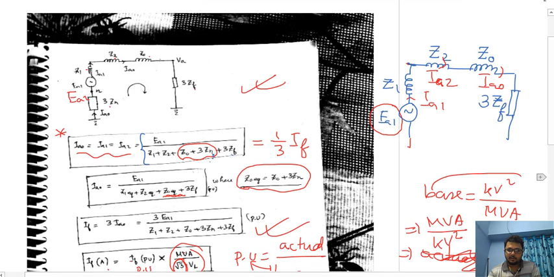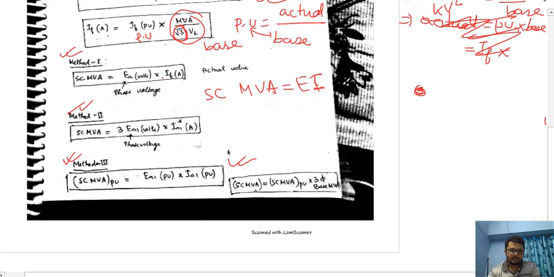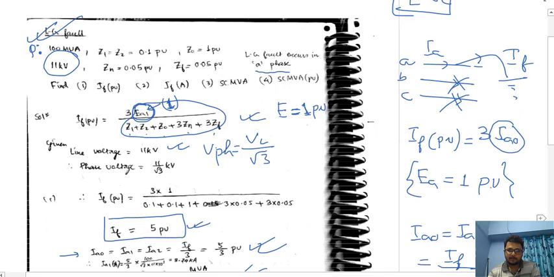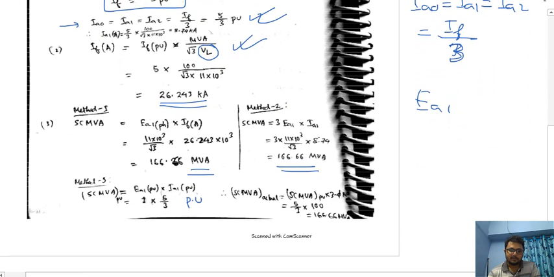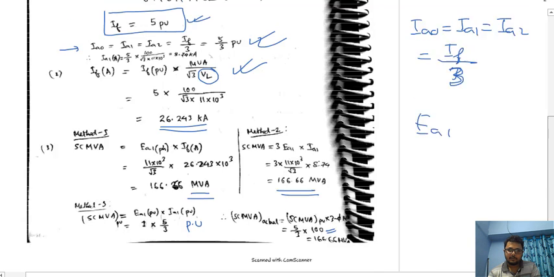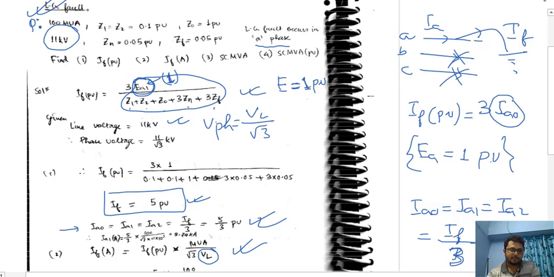One formula, per unit to actual: short circuit per unit into 3 phase base MVA. What is 3 phase base MVA? It is given as 100. Is it clear?